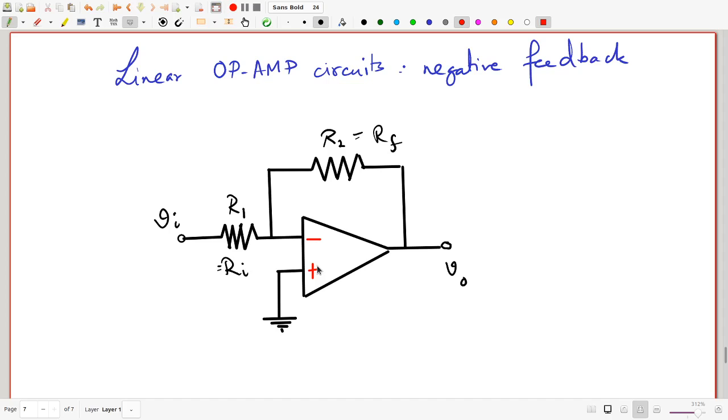And as you will soon see, analyzing a circuit with negative feedback, assuming that the op-amp works in the linear region, is actually very simple. In fact, most of the calculations you can do in your head or just by writing down a few lines on your copy.